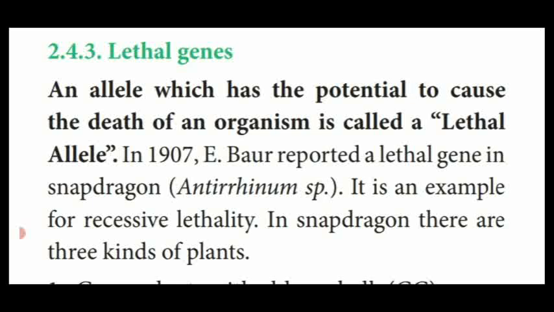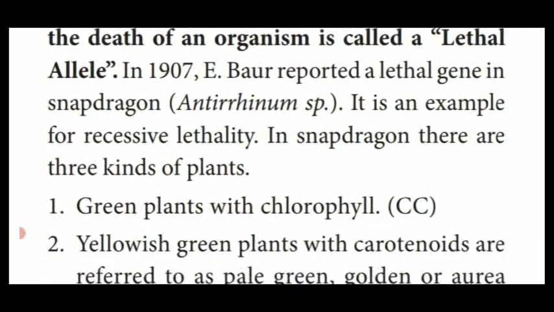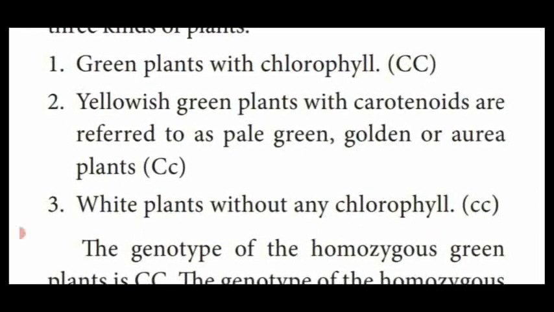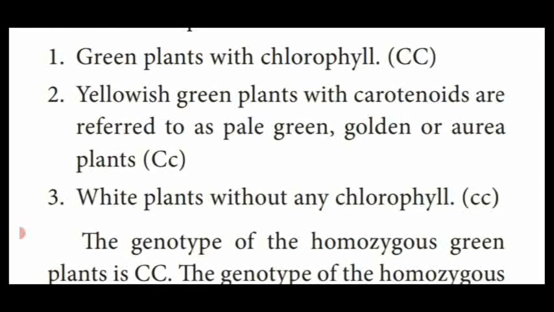That's why it is named recessive lethality. In snapdragon there are 3 kinds of plants. One is the green plant with chlorophyll, having the green color pigment, denoted by the homozygous allele capital C, that is dominant.